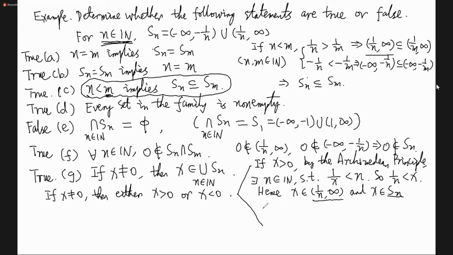On the other hand, the second case, if x is less than 0, again, by the corollary of the Archimedean principle, there exists an m in Z such that m is less than 1 over x.